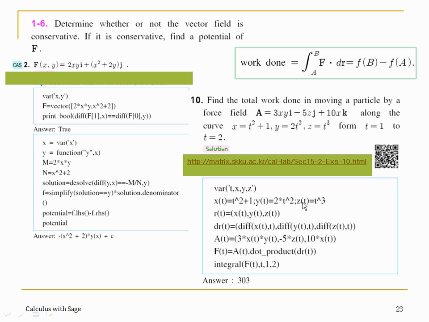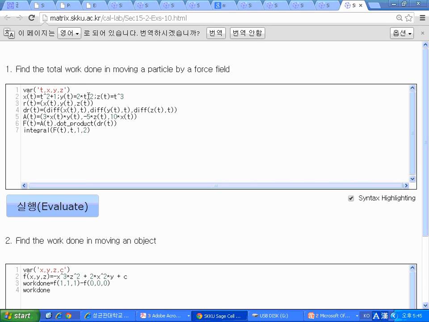And then we define a function and find the derivatives. With this setting, we define A of t as 3xy of t, minus 5z, and 10x, and we do the integration of this, which is the inner product of A of t and dr, and we integrate from 1 to 2, and this gives us the answer of 303, which was done here.